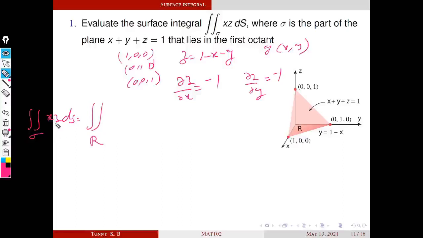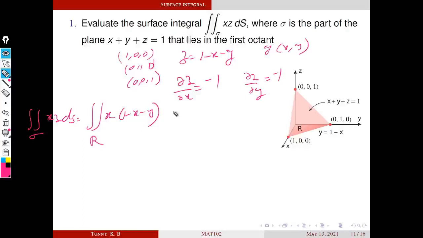The double integral over sigma of xz dS is equal to the double integral over R, where R is the projection of the surface sigma to the xy plane. Then we have to convert everything in terms of the parameters. Here our parameters are x and y, so x is already fine, no problem. We have to convert z in terms of x and y, so z is equal to 1 minus x minus y.